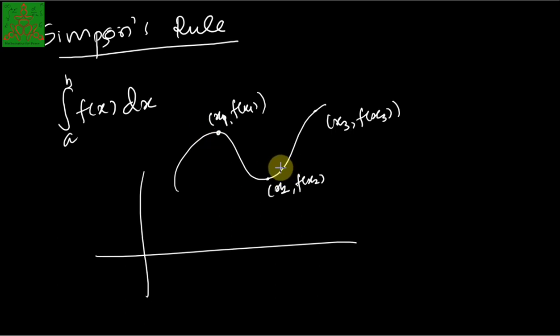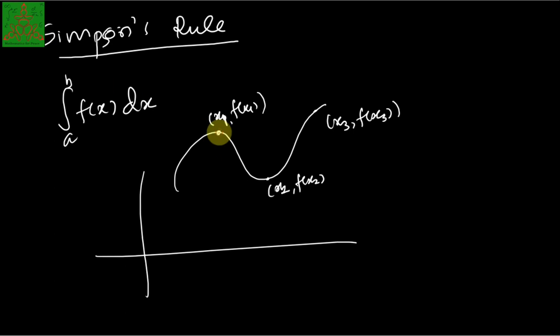Now in the trapezoidal rule, we started with 2 points and drew a trapezoid which joins these 2 points. But here the concept is not plotting a straight line between these two, but instead we will plot a parabola passing through these 3 points.